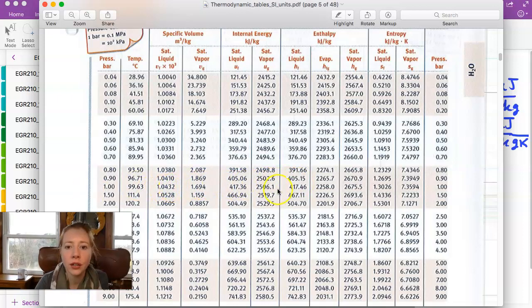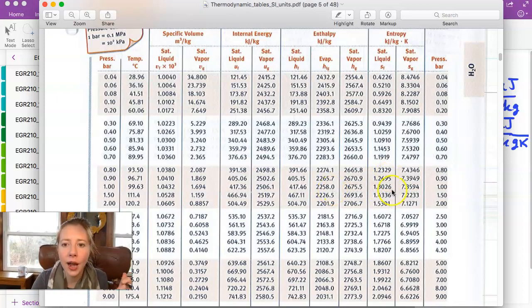We need to figure out looking at our entropy. We have our entropy for a quality of 0 and a quality of 1 here. And we know that our entropy is going to be 6.6622 kilojoules per kilogram Kelvin based on the entropy from state 1. So now, because we know that, we can interpolate and solve for x2s.